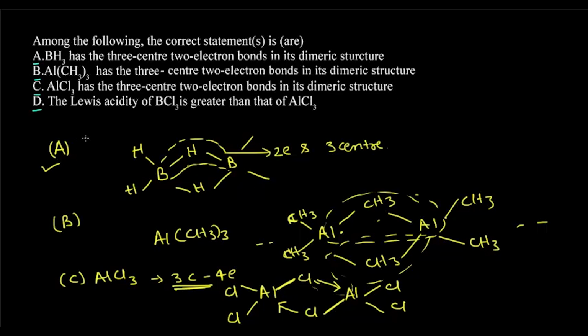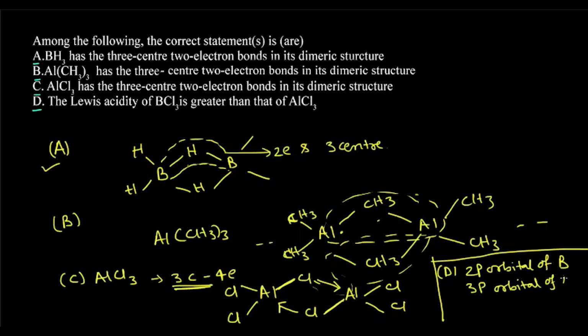Now the last one is that the acidity of BCl3 is greater than that of AlCl3. We know that Lewis acids are those which can accept a pair of electrons. So the new pair of electrons will go into the 2p orbital of boron, whereas it goes into the 3p orbital of aluminium.